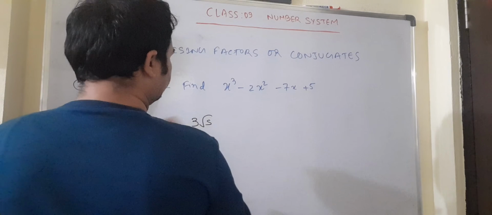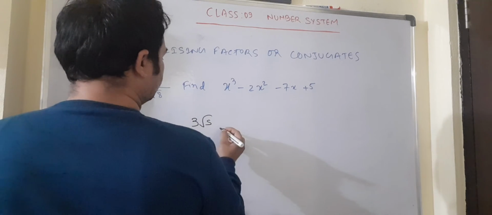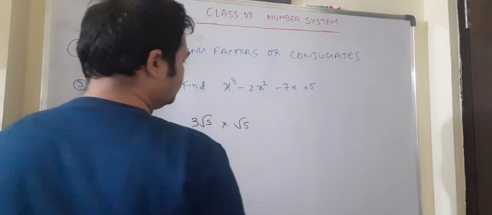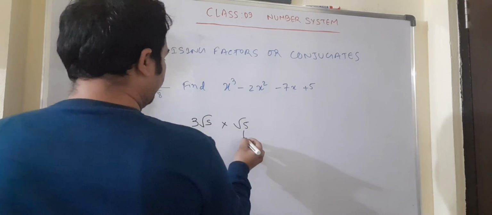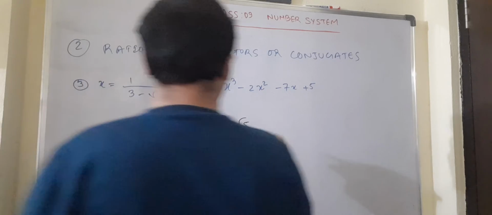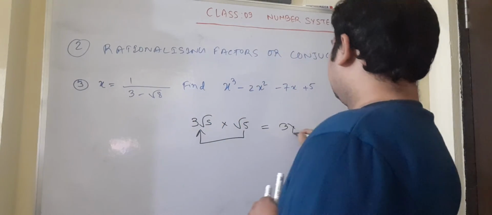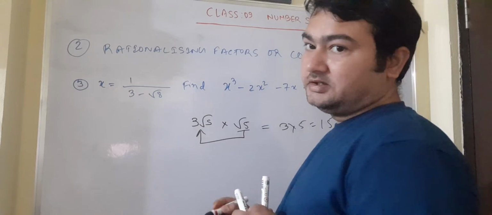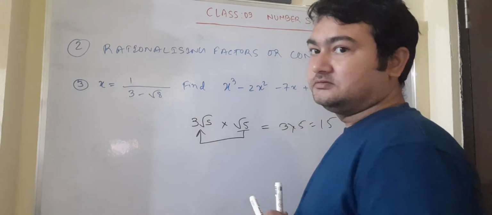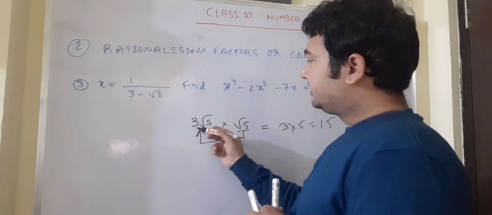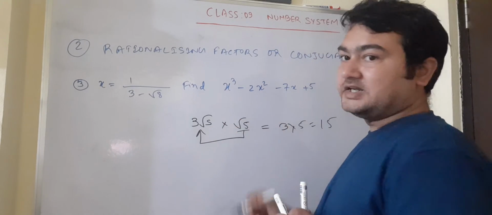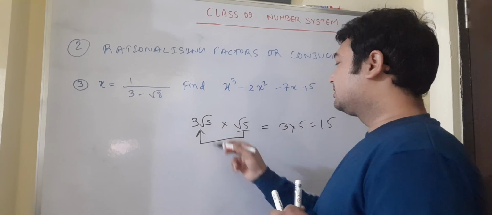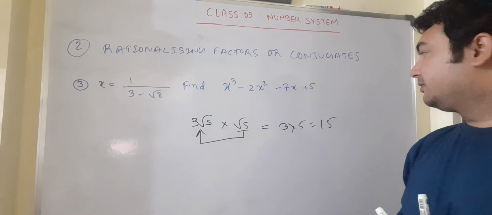Take 3 root 5. It can be converted to a rational number using root 5. So root 5 is helping this 3 root 5 to get converted into a rational number, 15. So root 5 is a rationalizing factor of 3 root 5, and we can also say 3 root 5 is a rationalizing factor of root 5, because 3 root 5 is also helping root 5 to get converted into a rational number.